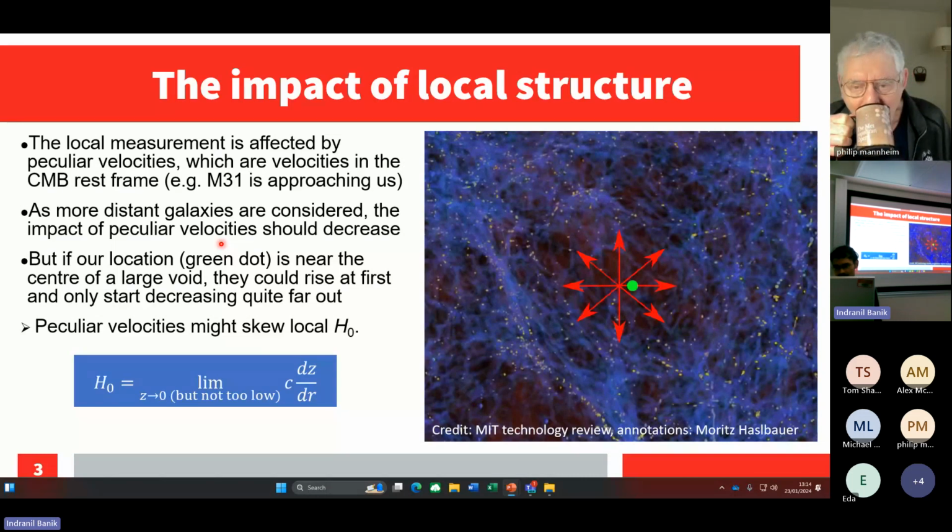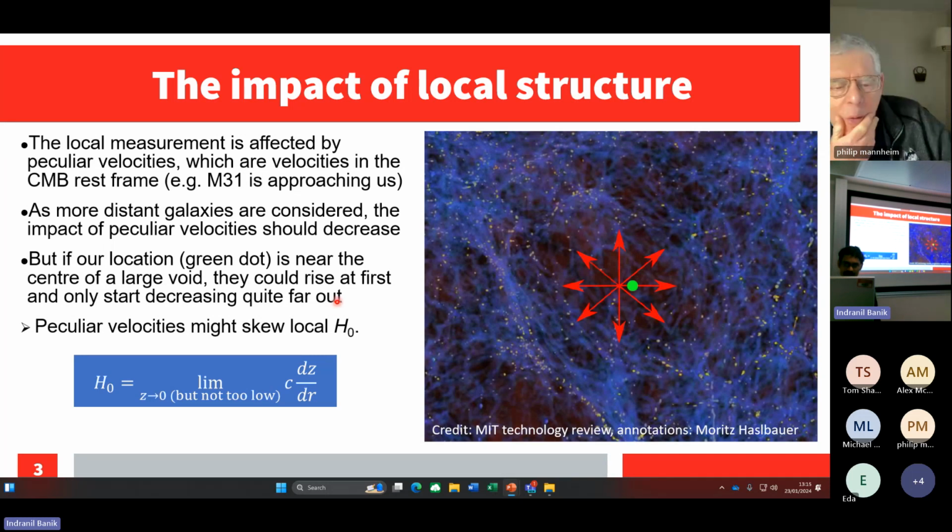However, if we are in a void, in this case our location is shown with the green dot, and this void is expanding faster than the average because it's an underdense region and the matter is pushed away from the underdensity, then the peculiar velocities could rise as you go away from the void center, and then eventually start coming down as you go very far out.